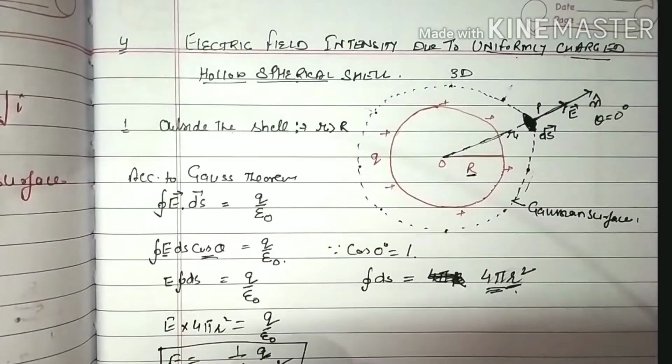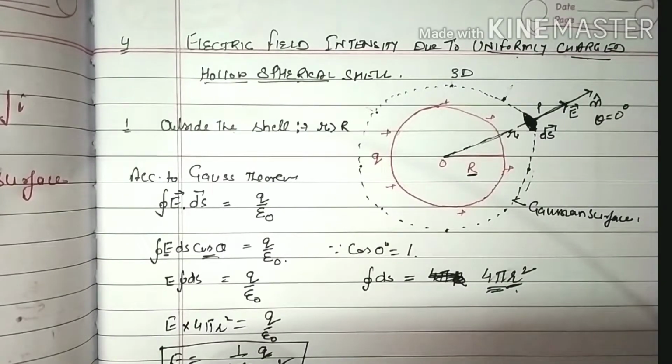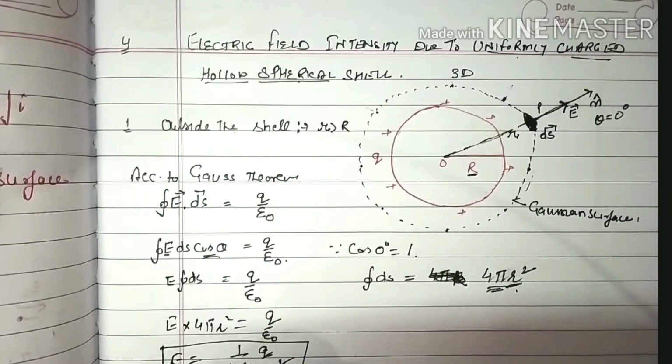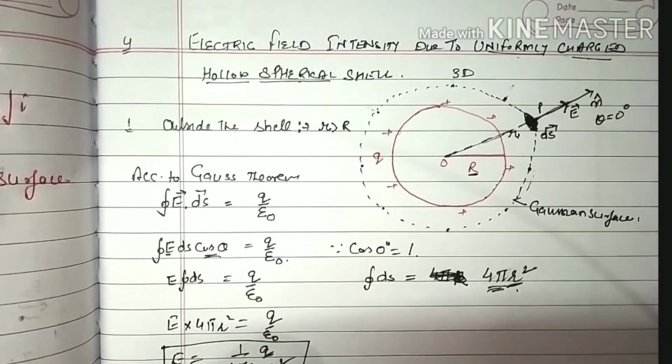outside the surface. And in a previous topic we have studied that this is the electric field due to a point source charge. This derivation we already did by using Coulomb's law. So this is the electric field due to a point source charge.